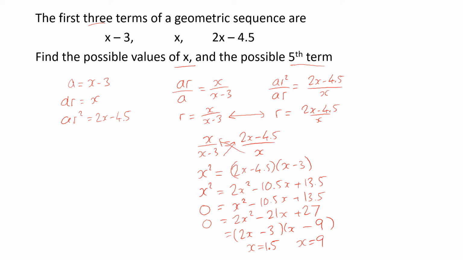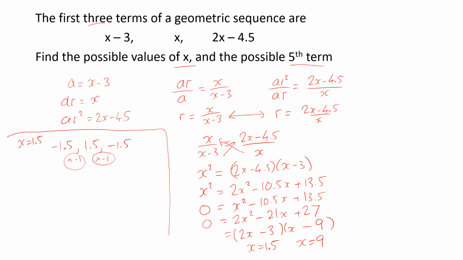So we've actually got 2 possible things that could work here. Now, we're being told that we need to find a possible 5th term. So, well, let's go with each possibility. Let's start with x equals 1.5. In that case, our numbers would be minus 1.5, then 1.5, then minus 1.5 again. So our sequence here is actually multiplying by minus 1 each time.